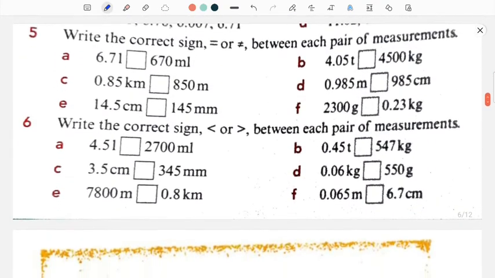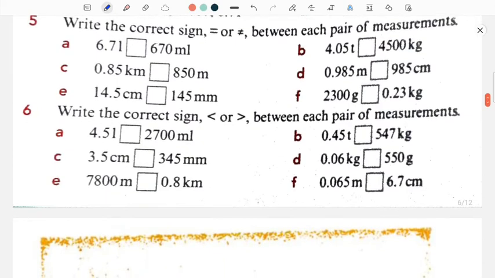Next question is, write the correct sign, equal to or not equal to, between each pair of measurements. Children, here the units of the measurements are given. First number is 6.7 liter and second is 670 milliliter.